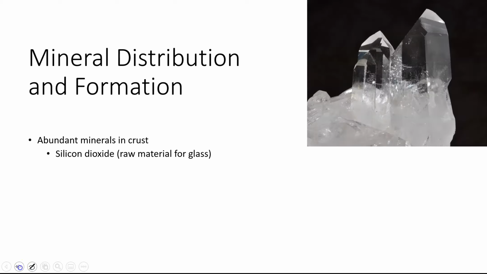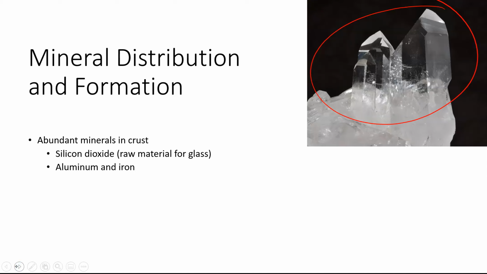All right, so when we use the term minerals in this class, though, we're usually going to be referring to the minerals that have substances that we need to use as a resource. Some of those abundant minerals: silicon dioxide, like I said before, which is the raw material for glass, right? Most abundant mineral in the Earth's crust.